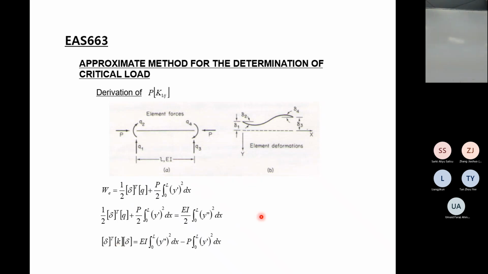Okay. So to do that, how do we get K? We must do something to this side here. Now, in the stiffness matrix method, we try to represent Y, which is the lateral displacement, in terms of a function which involves displacement at this end and also displacement at the other end.